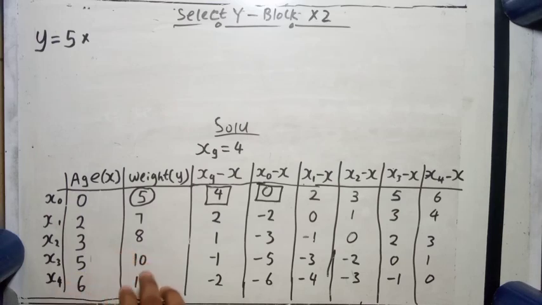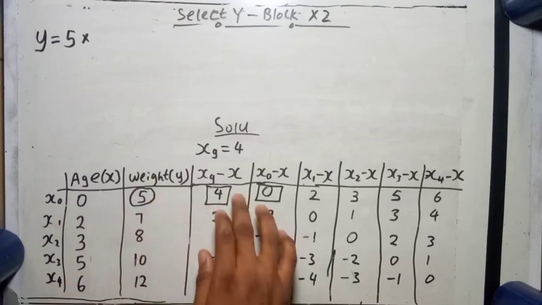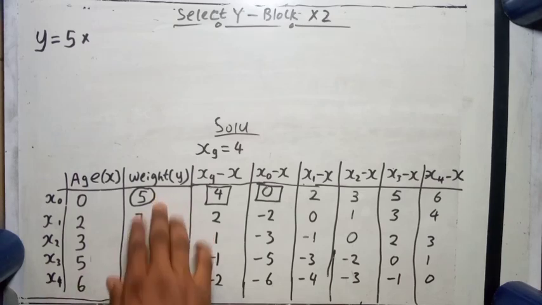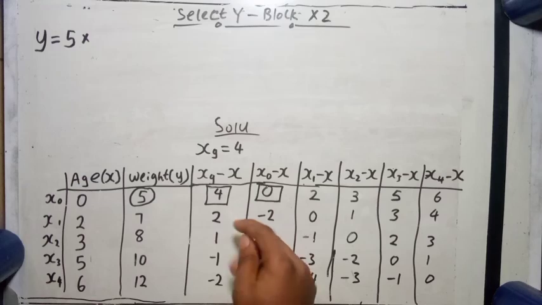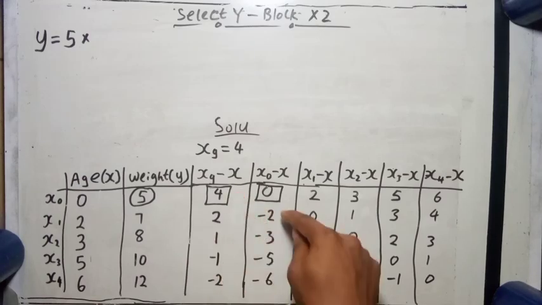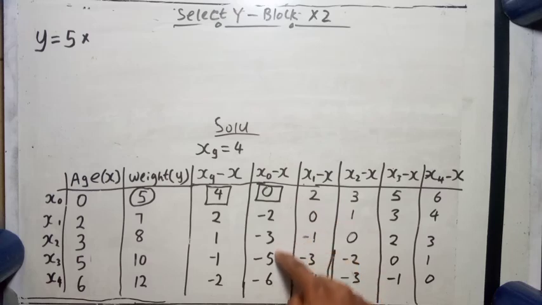So what this means is that we'll be selecting this, but we won't be using this and this in the next thing we want to do. So how we normally solve Lagrange's formula is we will select this and the multiple of every other thing apart from this one in block, and over every other thing that is apart from this one in block, we'll do it for 5 of them.